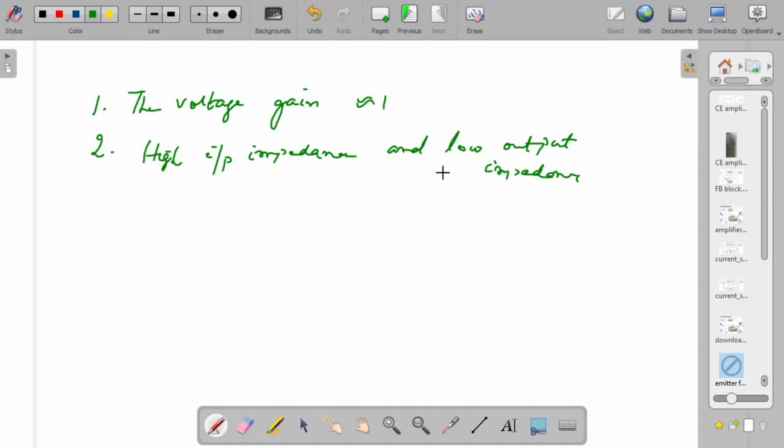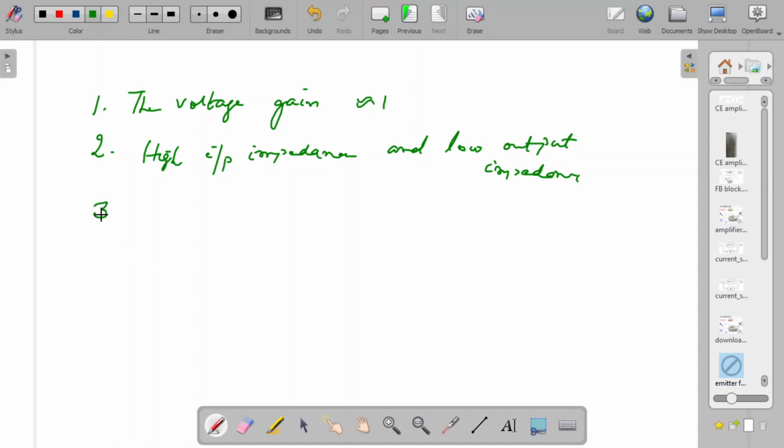At the end of the circuit, if you keep an emitter follower, it will produce high input impedance and low output impedance, right? So that low output impedance acts as a source, and you have learned how good that is. But basically it doesn't produce any voltage gain as such. So it is basically used as a buffer, which you have learned in various other cases.